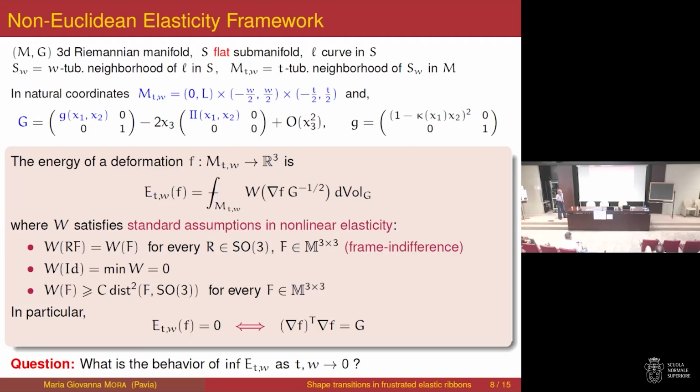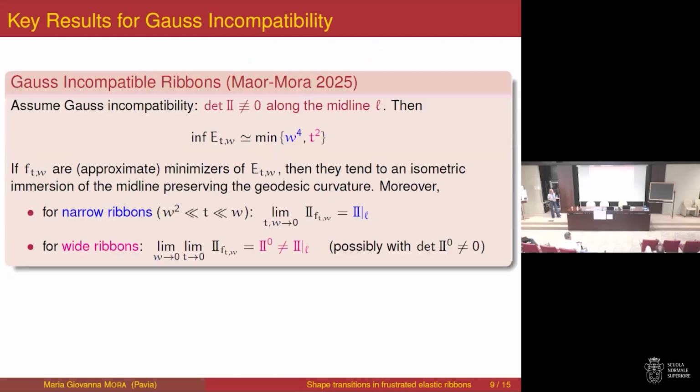Okay, so now let me come to what we proved. What we do is compute gamma limits of the three-dimensional energy with different scalings. And then from the knowledge of the gamma limit, we can deduce several properties of minimizers, first of all the scaling of the minimal energy.